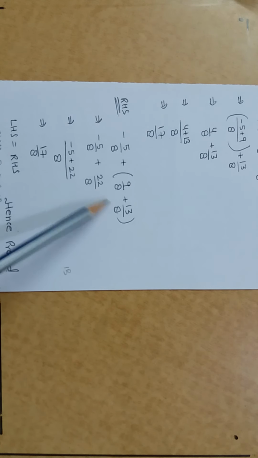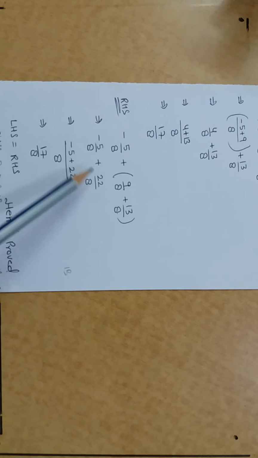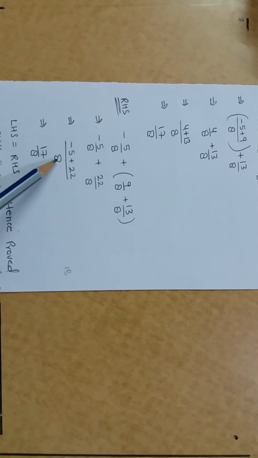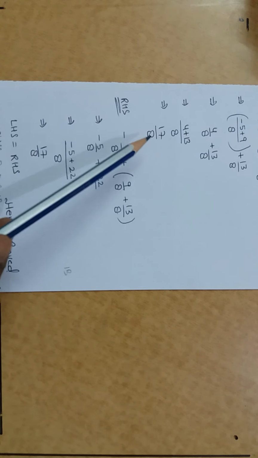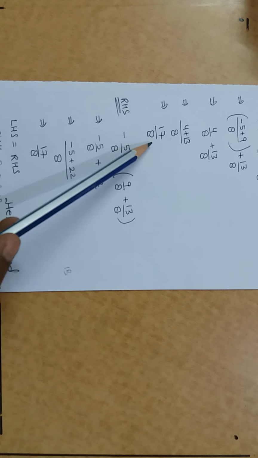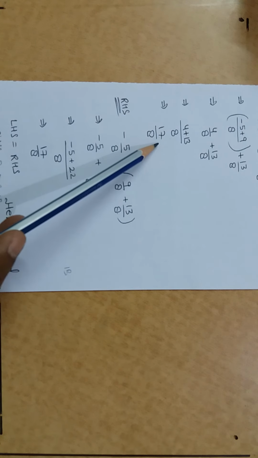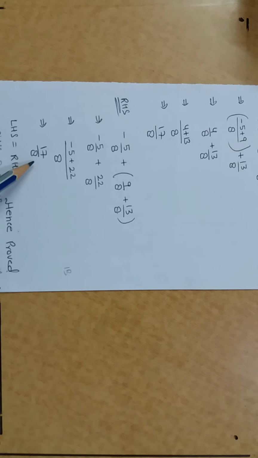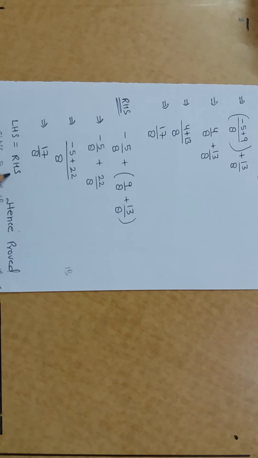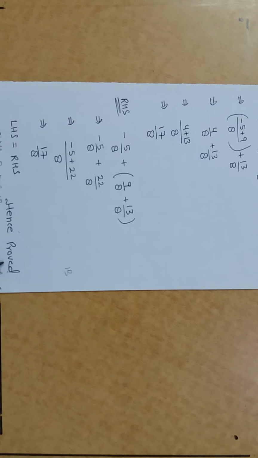Taking 8 as LCM, 9 plus 13 is 22. Again denominators are equal, it is like fractions, so taking 8 as LCM, minus 5 plus 22, we write 17 upon 8. The value of the left hand side is 17 upon 8 and the value of the right hand side is also 17 upon 8, so we can say that the left hand side is equal to the right hand side. Simply, it is proved. Hence proved.